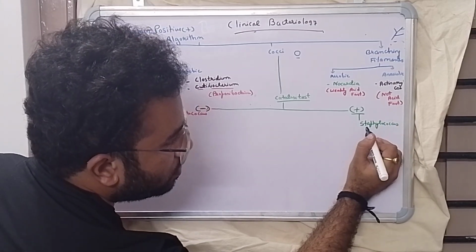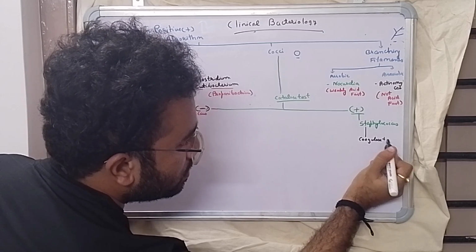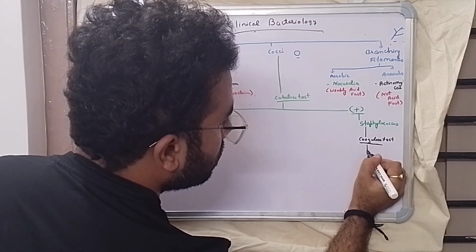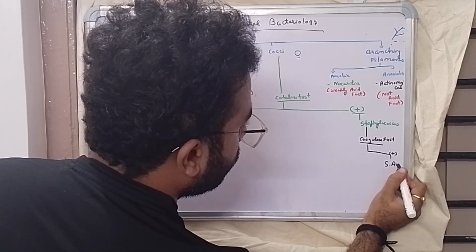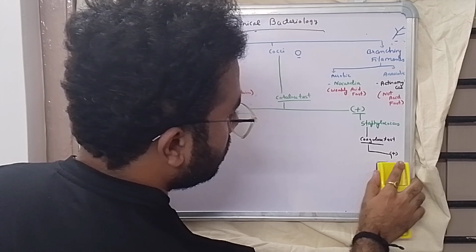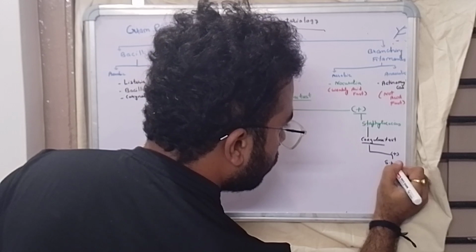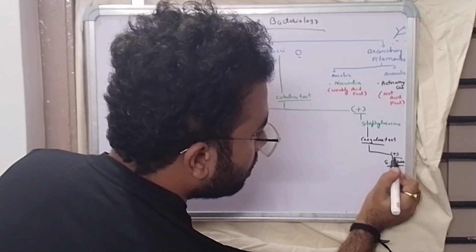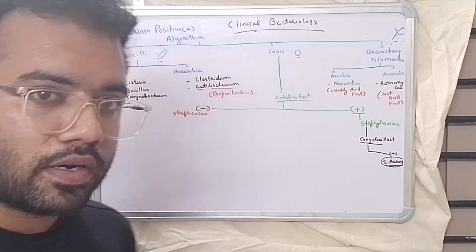Staphylococcus based on coagulase test. If it is positive, it is S aureus. I have to buy a big board, a very small board. Okay, S aureus. This bacteria gives a golden yellow pigment. Staphylococcus aureus is a golden yellow pigment bacteria.